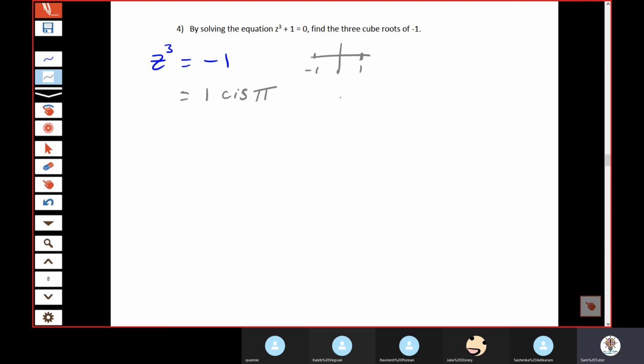So that can't be cis 0. So be careful. Now you guys can do it. Go finish it off. Just be careful, but can't make those mistakes. That's an easy 1 mark. That's got nothing to do with solving. It's just changing mod arg form. And the best thing is just to draw it up always.